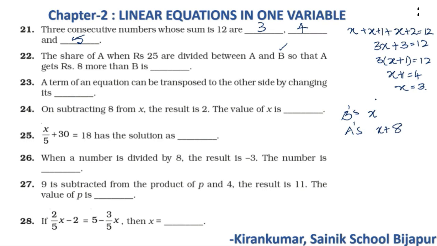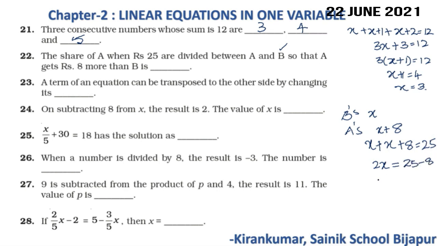According to the question, rupees 25 is divided between A and B. So x plus x plus 8 must be equal to 25. So 2x will be equal to 25 minus 8, which is 17.